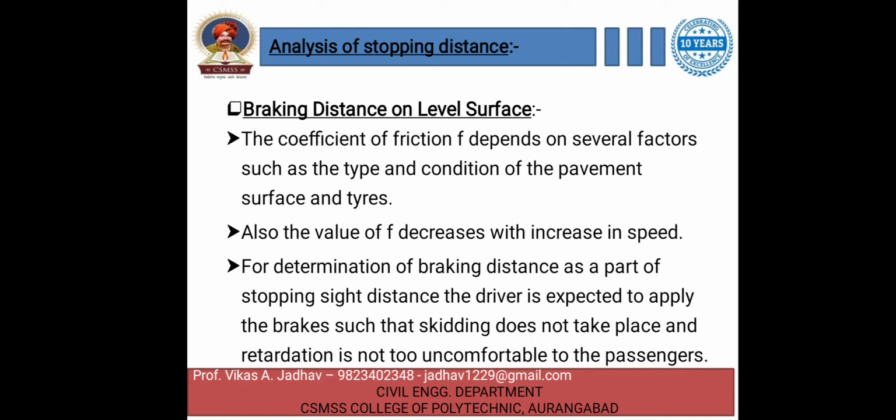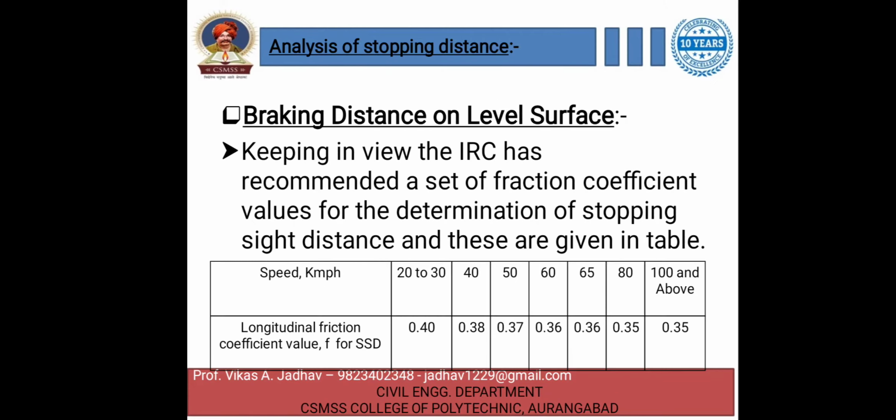When you are driving the vehicle, the brake should be applied but there should not be skidding, and the passenger should not feel uncomfortable. Keeping this in view, IRC has recommended some friction coefficient values for determination of stopping sight distance, and these are given in a table.